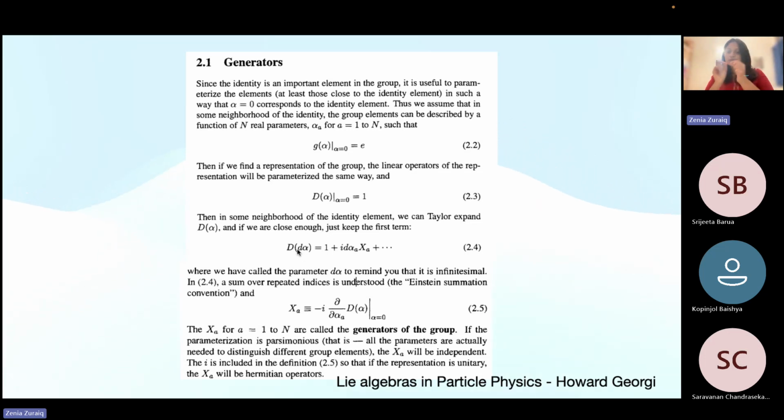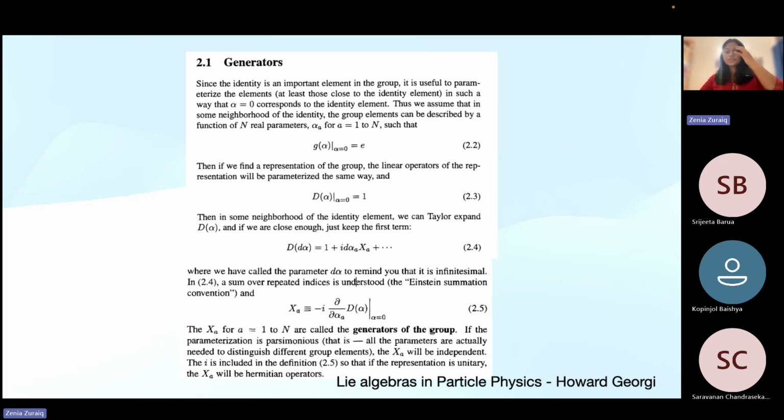For small changes in the parameter alpha, you can Taylor expand this, and you're left with the Taylor expansion: 1 plus df by dx, d squared f by dx squared, and so on. We have called the parameter d alpha to remind you it is infinitesimal, with a sum over repeated indices and so on. And X alpha is basically this. These X alpha are actually the generators of the group.